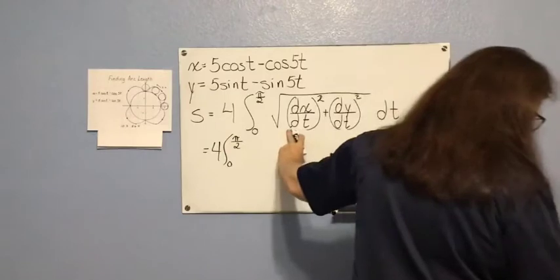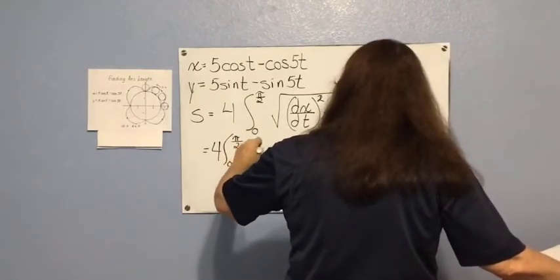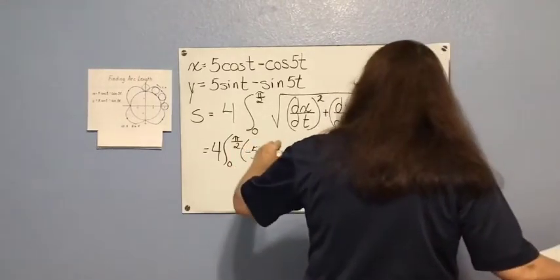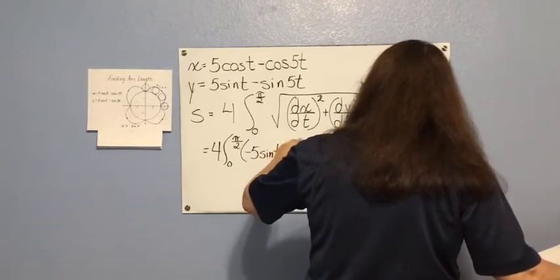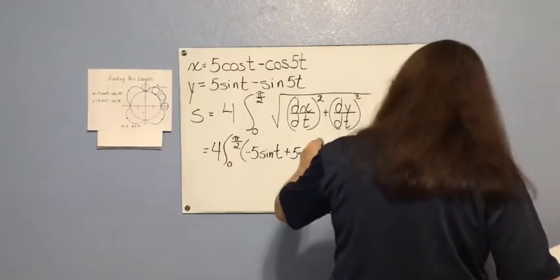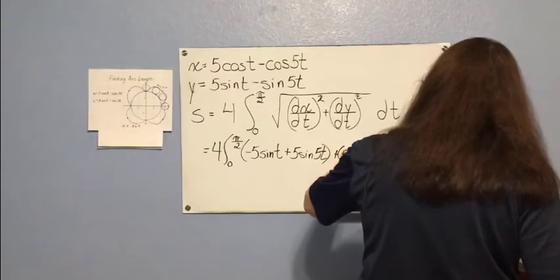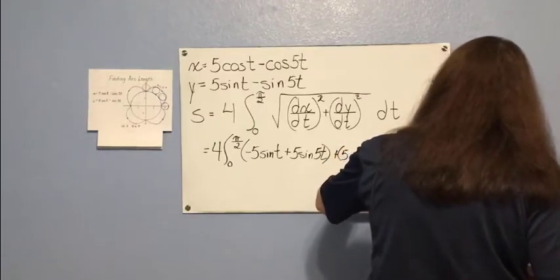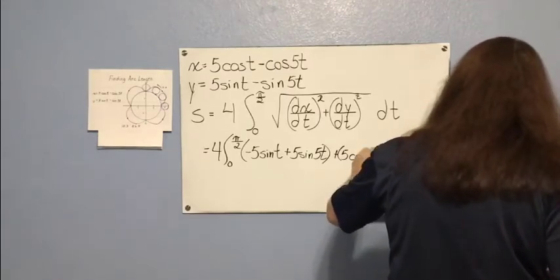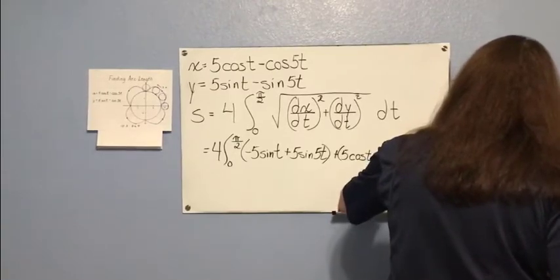So let's take these derivatives. We get negative 5 sine t plus 5 sine 5t, plus 5 cosine t minus 5 cosine 5t.